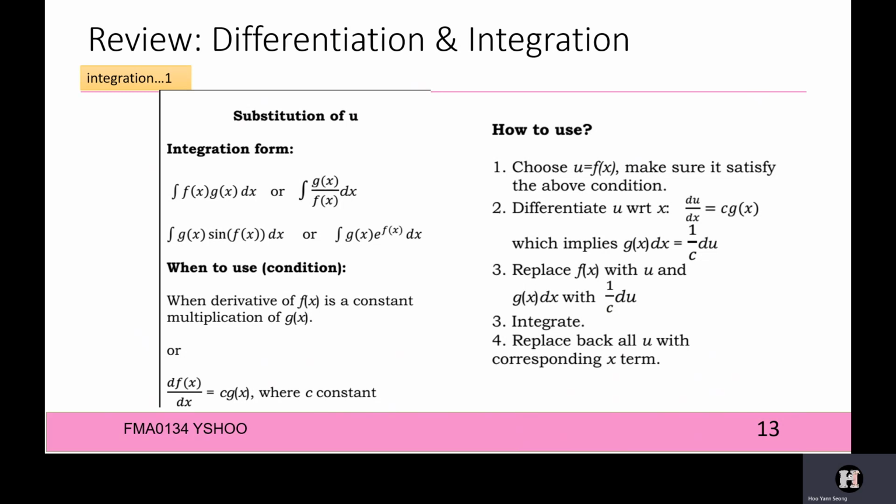But here you need to be careful about one thing. For the substitution, whenever we have an f(x) and g(x), either of them is the differentiation of the other. So when you have an f(x), you look at your g(x): is this g(x) the integration of your f(x), or the differentiation of your f(x)? If they are in this kind of combination, then it's a substitution.